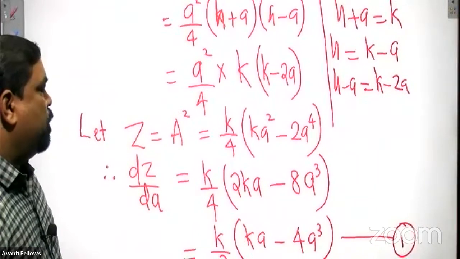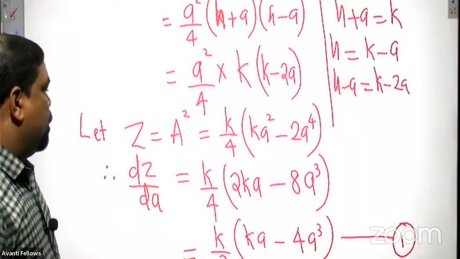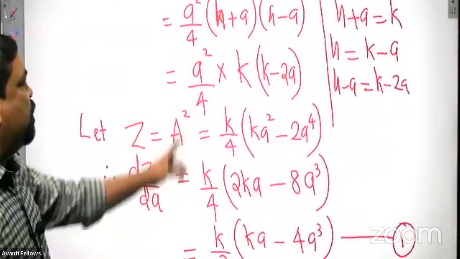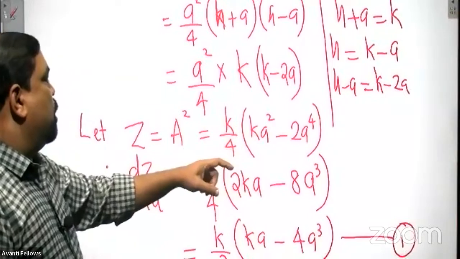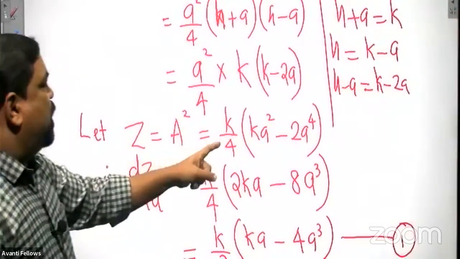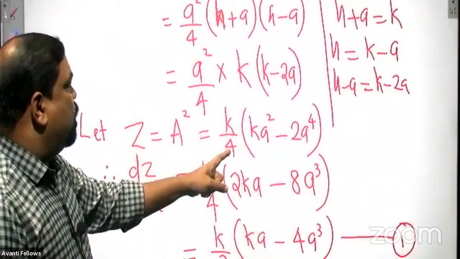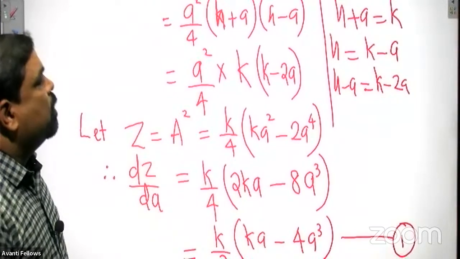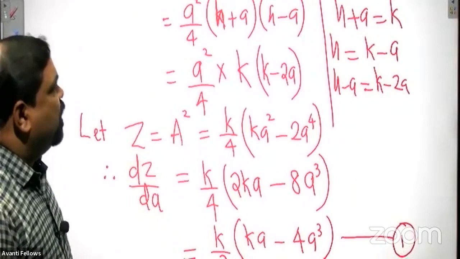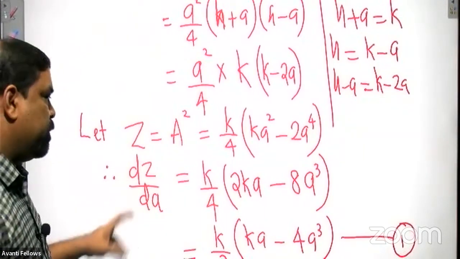K by 4 into s square by 4 into k minus 2a, okay, so k by 4 into k square minus 2a raised to 4.